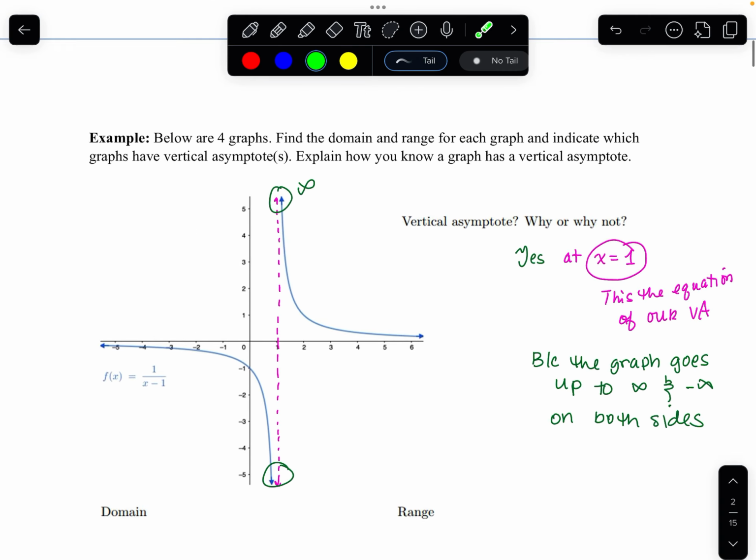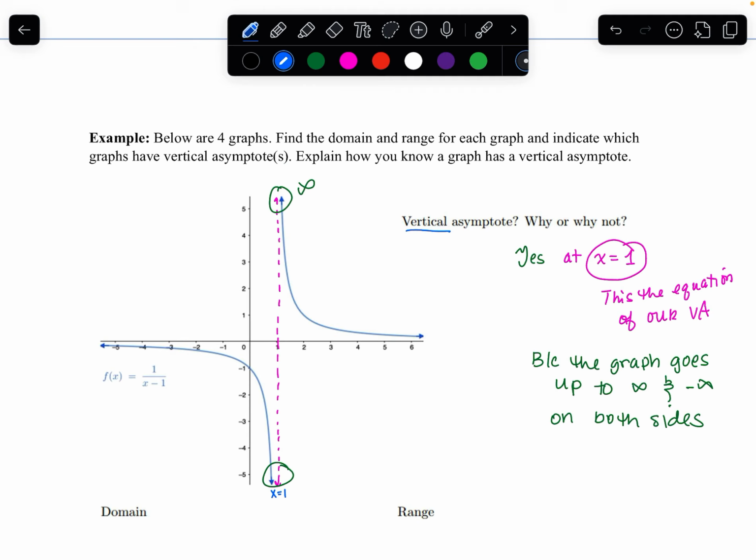And so what we talked about last time were these 4 examples of graphs with vertical asymptotes, and we did mention that this one in fact did have a vertical asymptote at x equal to 1 right here. We kind of see the behavior that we talked about where one end's going up to positive infinity, one end's going down to negative infinity.